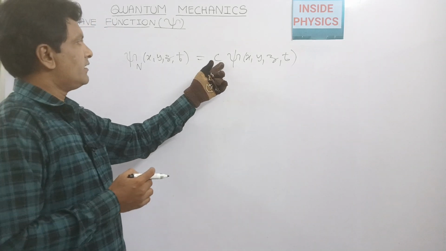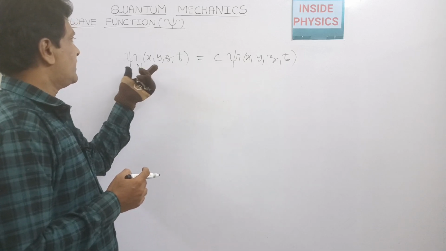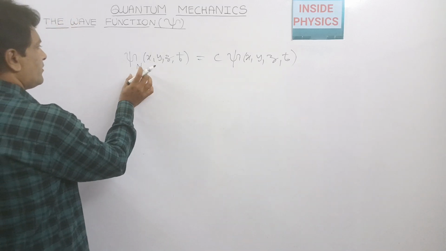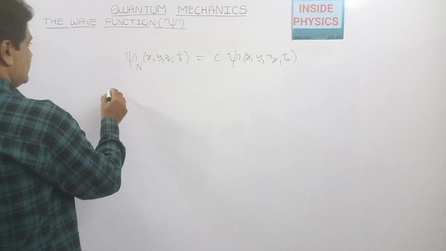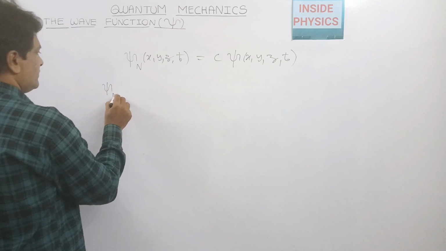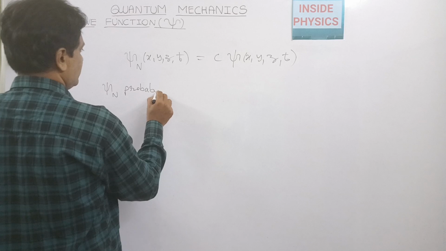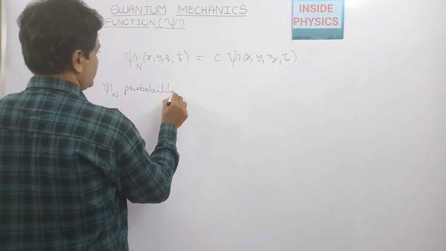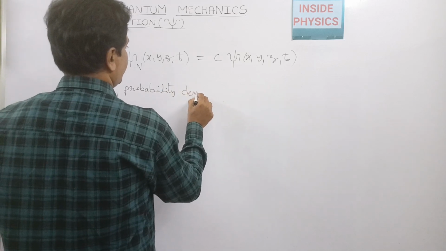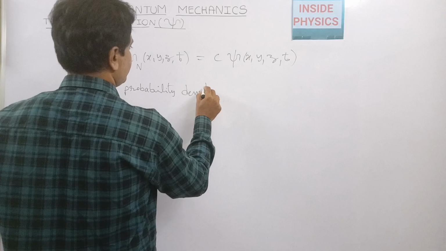Then here, if this psi n is a normalized wave function, psi n represents the probability density.